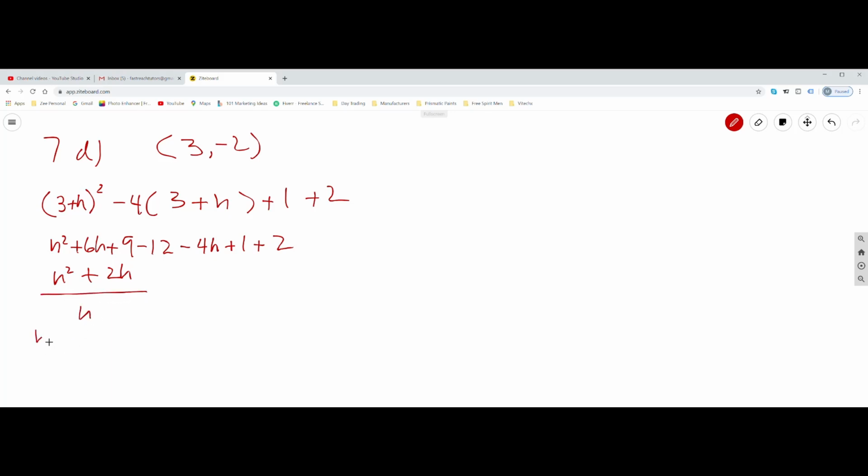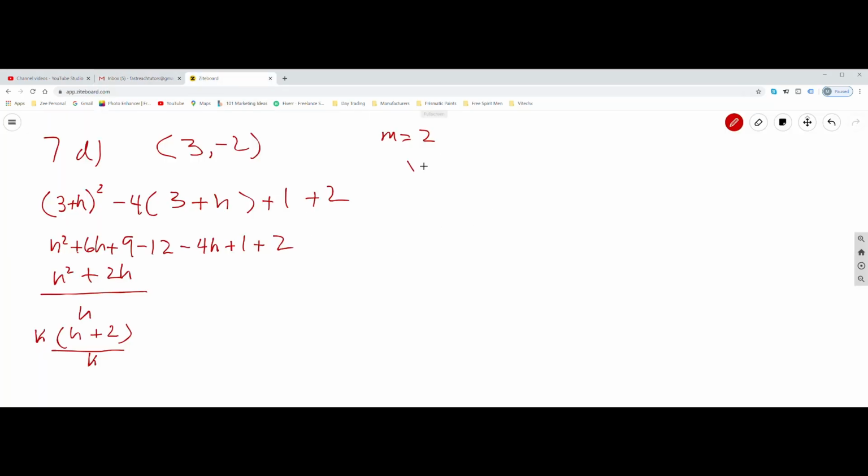So now we can take out h, h plus 2 over h. So when h is 0, the slope is 2.